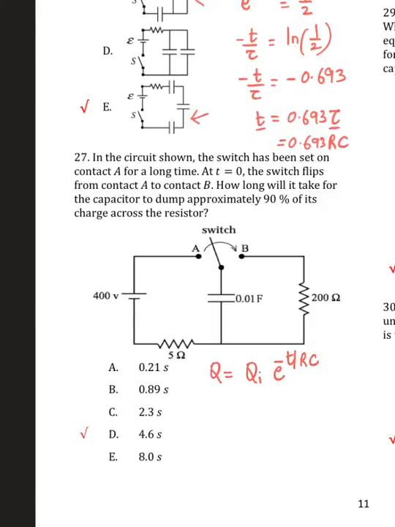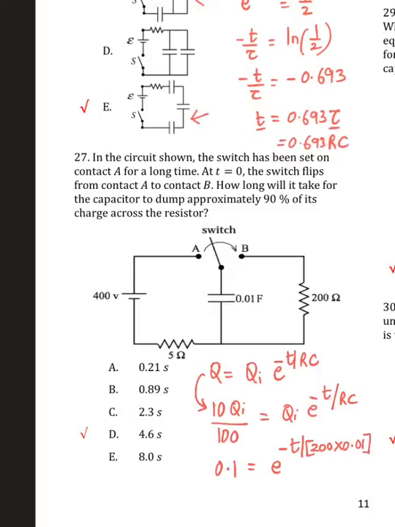So it has to dump 90% of its charge across the resistor. If it dumps 90%, 10% is left with it. So 10 Qi over 100 should be the charge on the capacitor. Qi e to the minus t over RC, I'll keep it as it is for the time being. So this becomes 0.1 equal to e to the power of minus t over RC, which is 200 multiplied by 0.01.